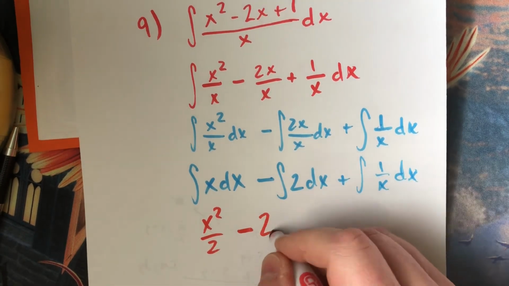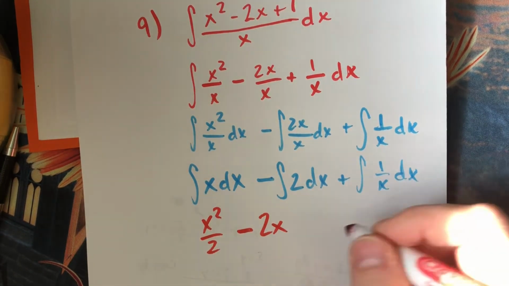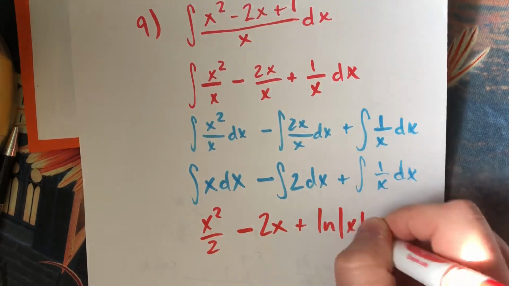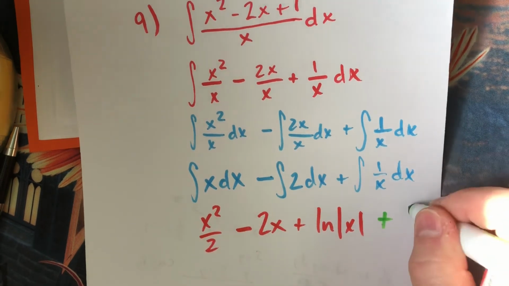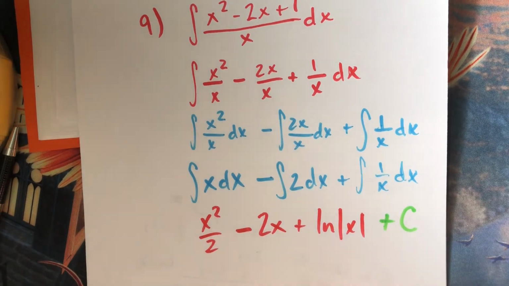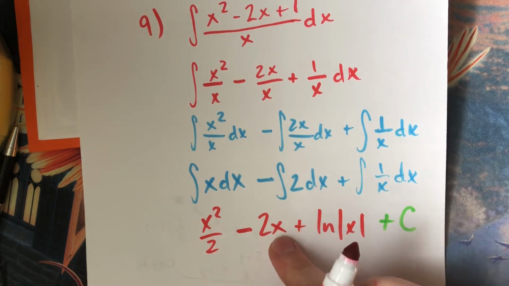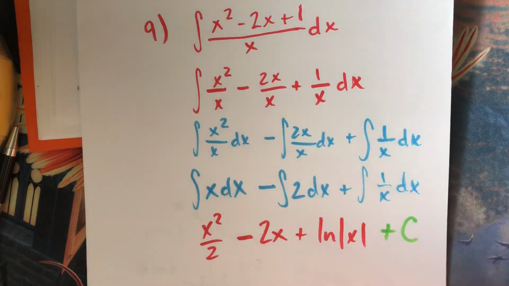I know this one is minus 2x. And then this one is plus ln absolute value of x. Remember, you don't need plus C plus C plus C. You just need a singular plus C at the end. Because I could say this has constant 1, this has constant 2, this has constant 3. We'll call constant 4 the summation of all of them together.